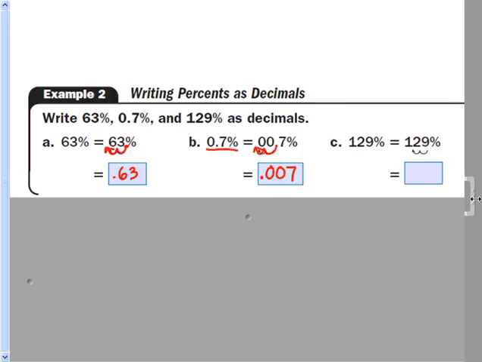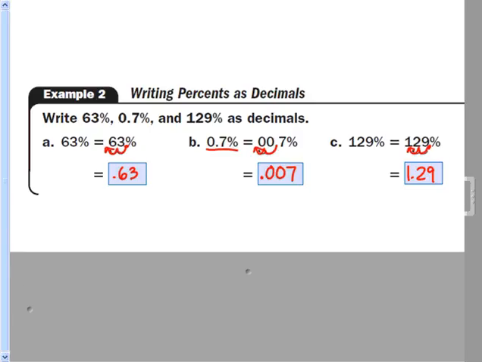And finally, 129%. Decimal point would start out here in 129, move to the left twice. The decimal form of 129% is 1 29 hundredths.